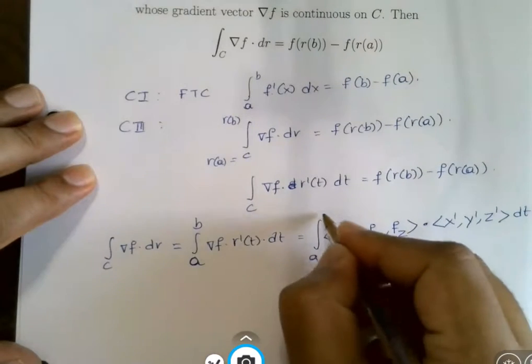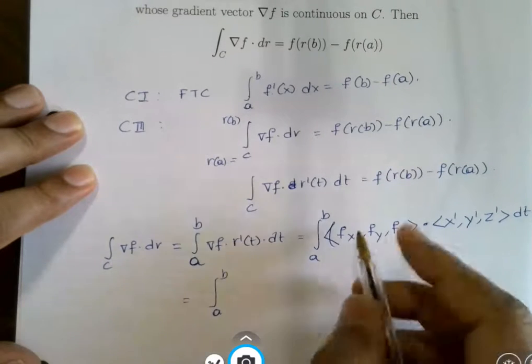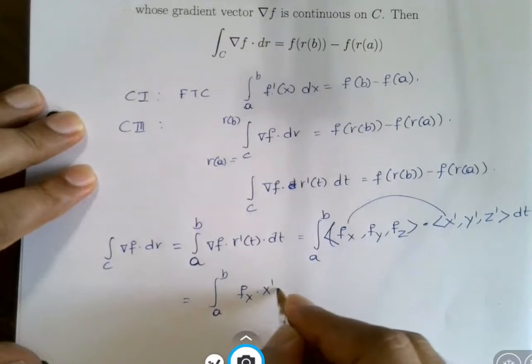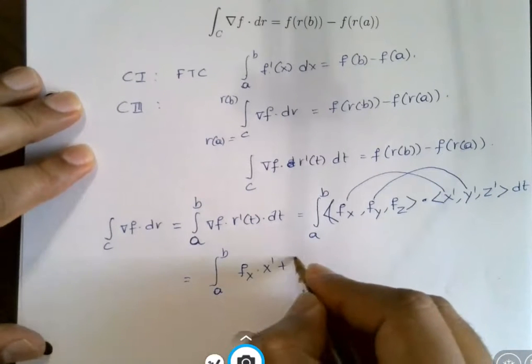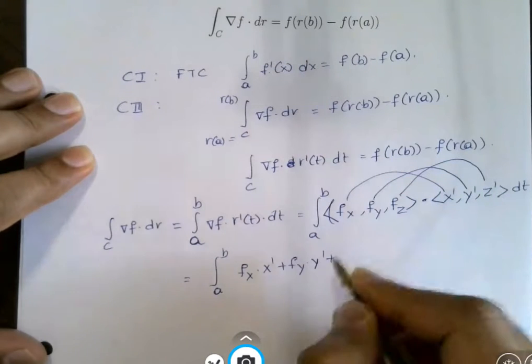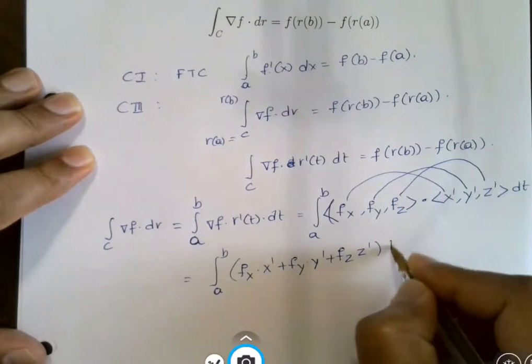So this is going to be the integral from a to b of fx times x prime plus fy times y prime plus fz times z prime, and you get dt here.